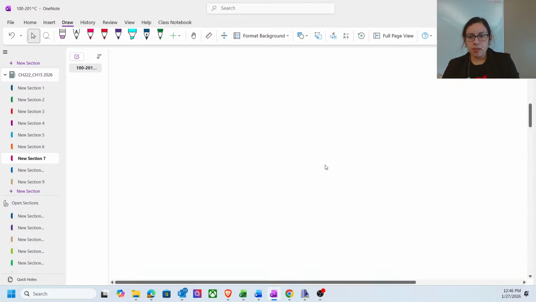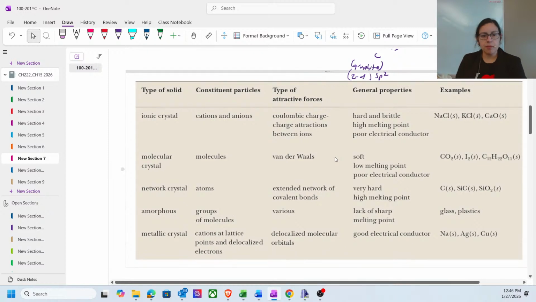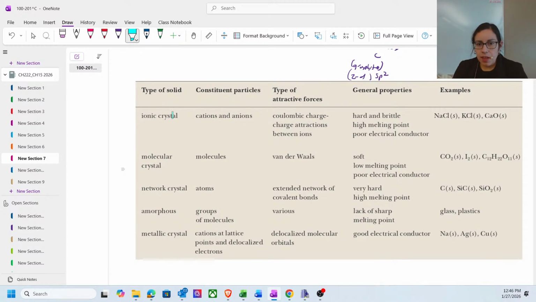All right, so this is just our chart, re-summarizing what we just did. Ionic crystals, all our ionic compounds, I think we have that down. Molecular crystals, like we saw, were our covalent compounds, with CO2 and iodine, but also any sort of organics.